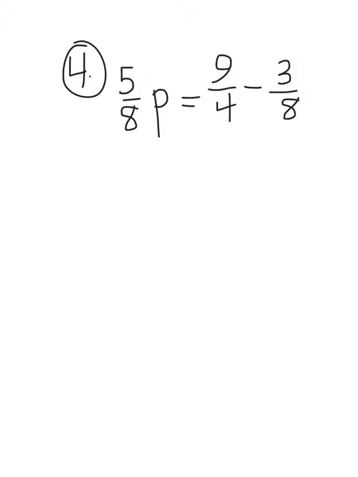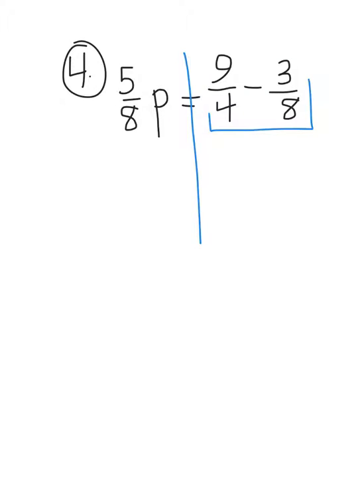Okay, let's check number 4. Okay, here we go. There's my equal sign. Let's see, can I do anything right away? So right here, I could see that I can put that together first. I'm going to use my calculator on this one.